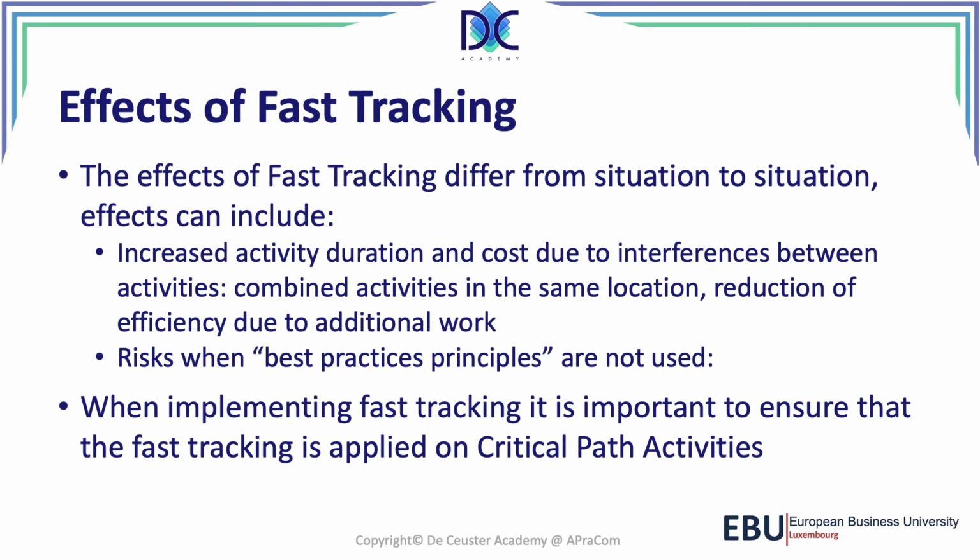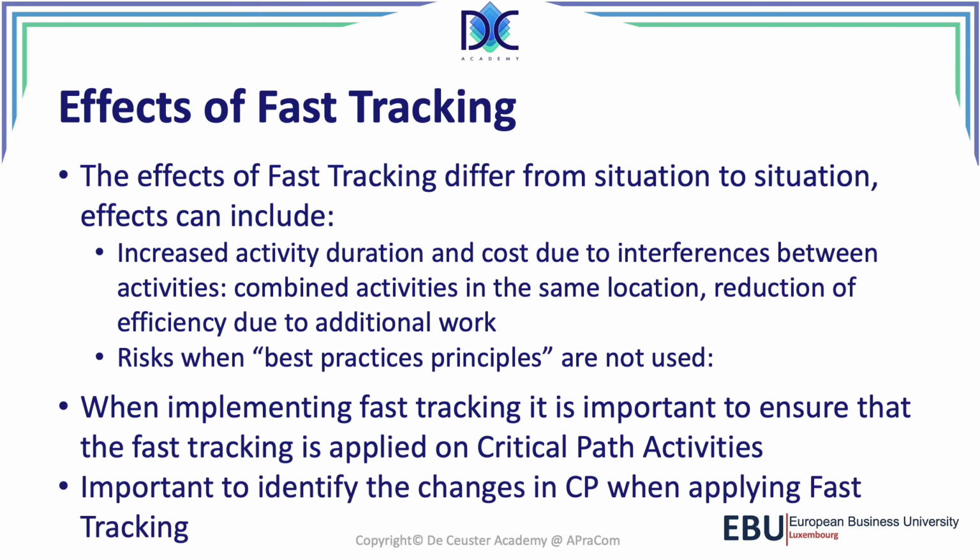So we have to see how the situation is in reality on the project. Like I said, we have to identify the changes in the critical path. When we are doing this, we may have a different critical path that appears, and it's very important to be aware which path is critical, or do we have additional critical paths.